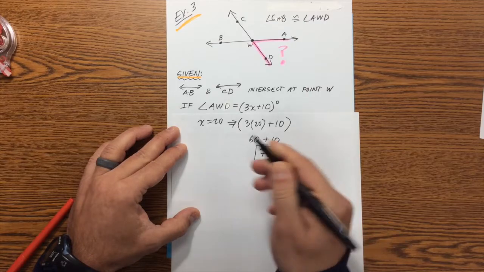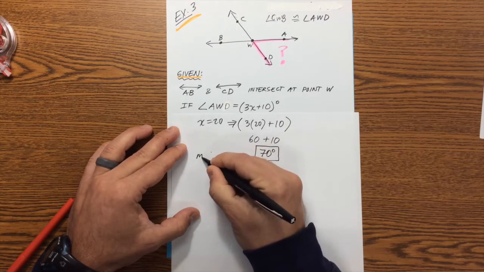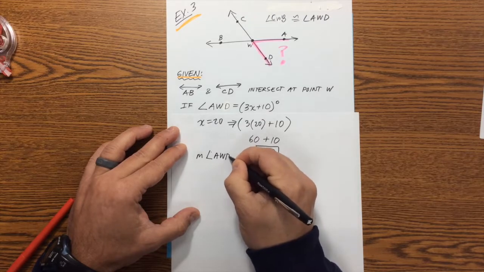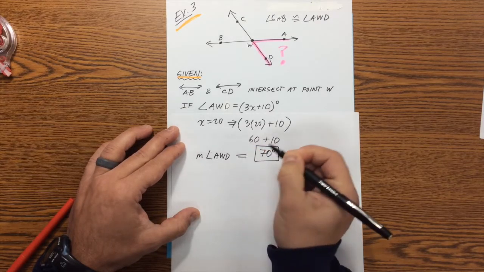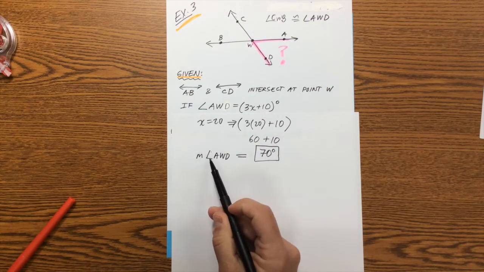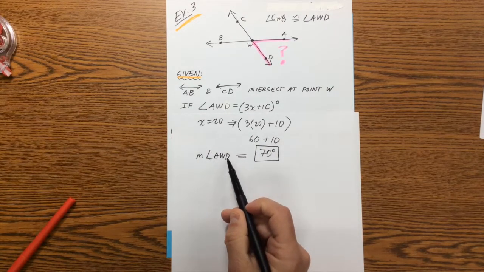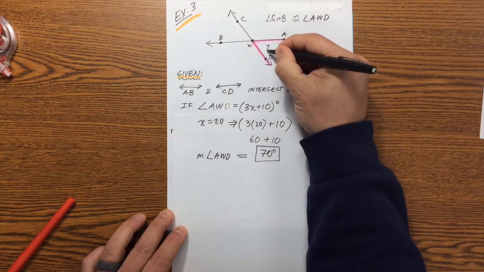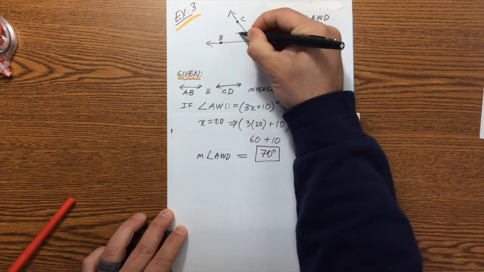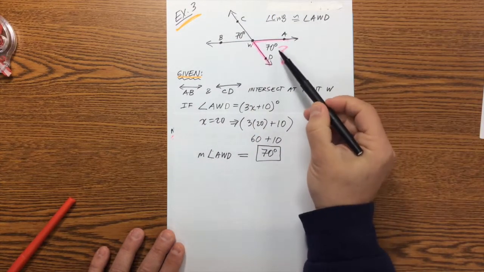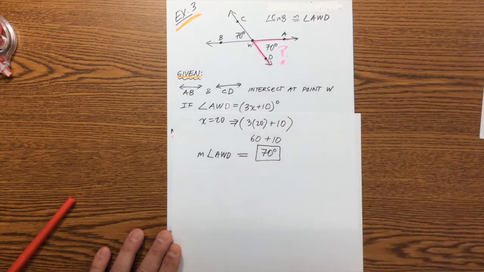So we know that the measure of angle AWD is 70 degrees. Okay, that's what the M here means. The measure of angle AWD is 70 degrees. So if this is 70 degrees, we also know that this is 70 degrees. Okay? But that's not what it was asking. It was only asking for the measure of this angle.